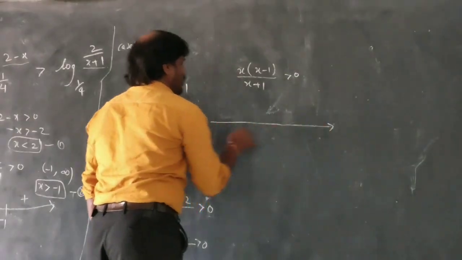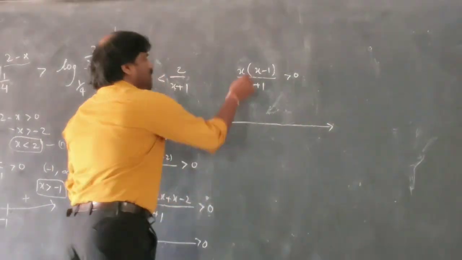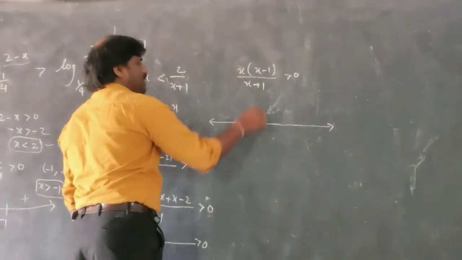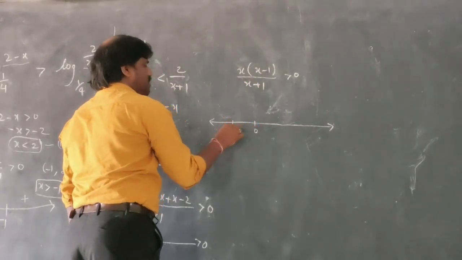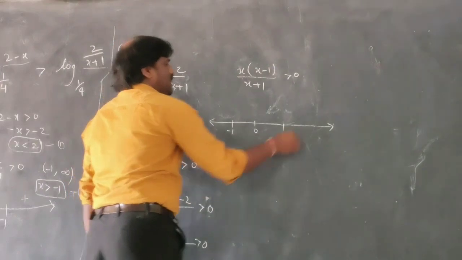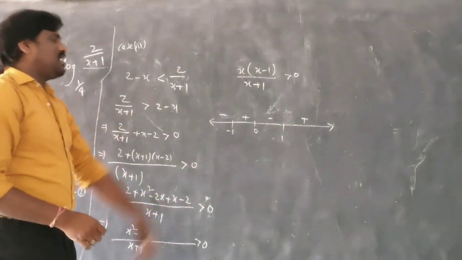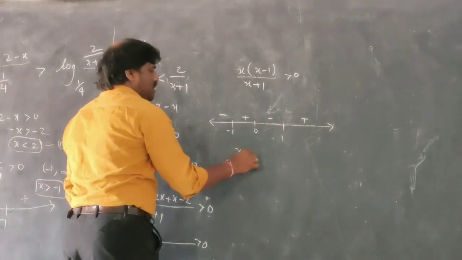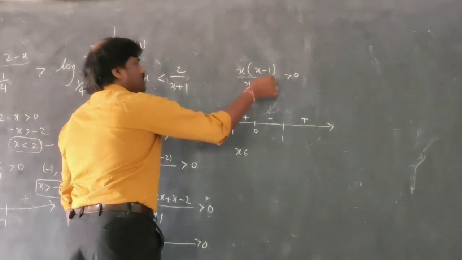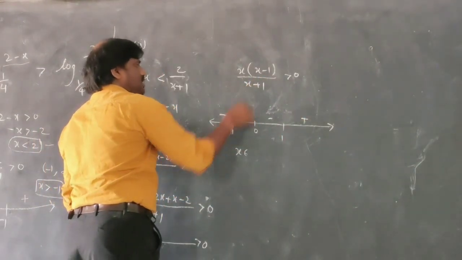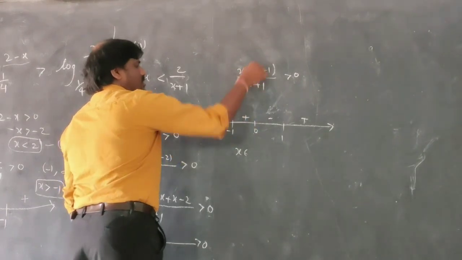This is minus 1, 0, and plus 1. The inequality is plus, minus, so plus sign should be the answer. You have here the zero of this is minus 1, the zero of this is 0, and the zero is 1.